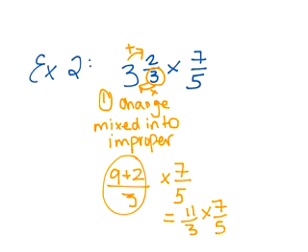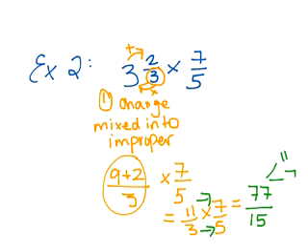Now it just looks like the other previous example that we were doing. We can go ahead and multiply numerator times numerator and denominator times denominator. That gives me 77 over 15. And 77 is only divisible by 11 and 7, and I know that 15 is not divisible by any of those.